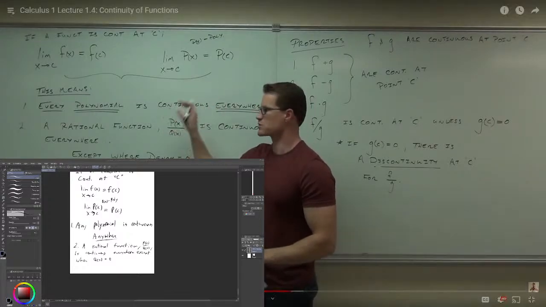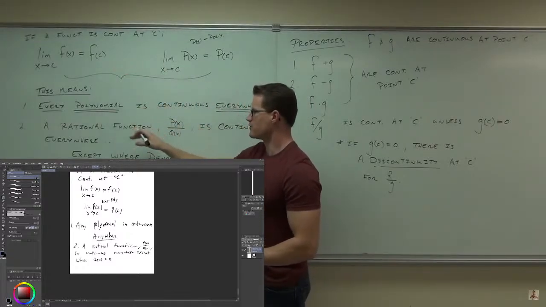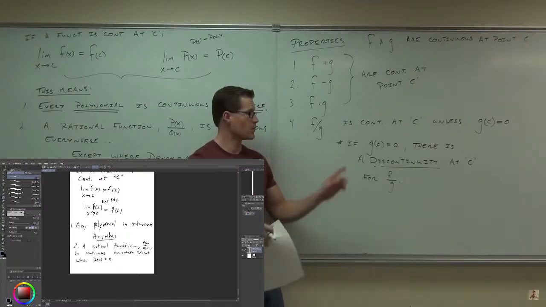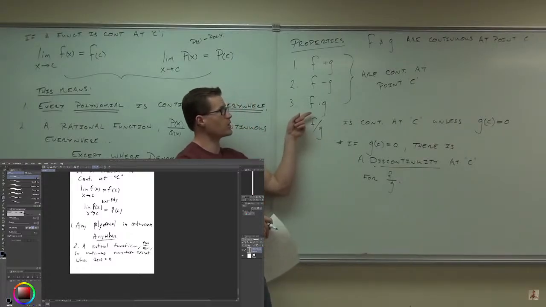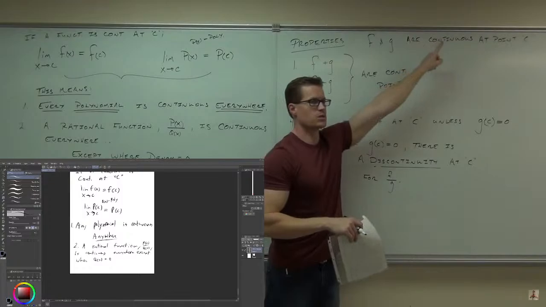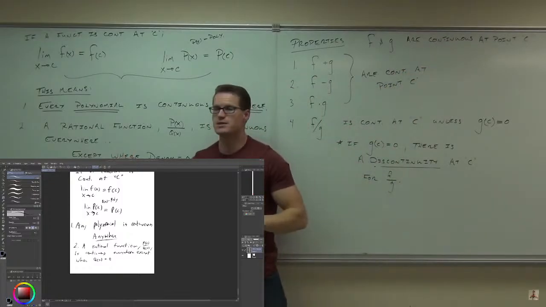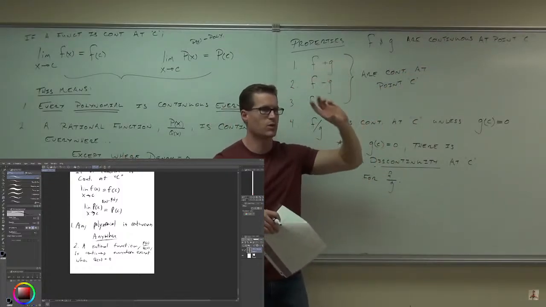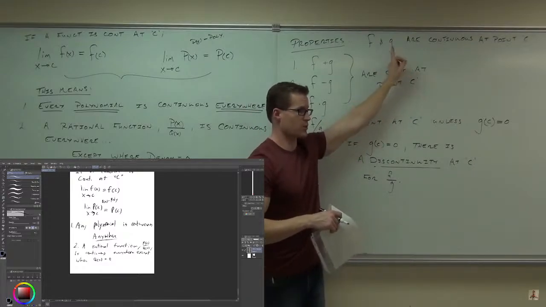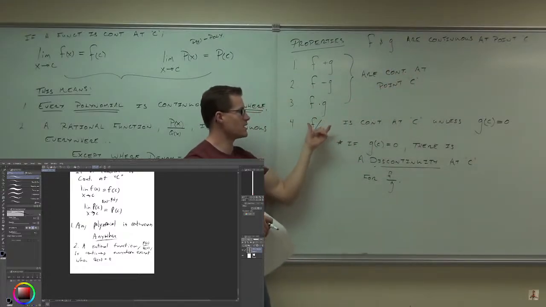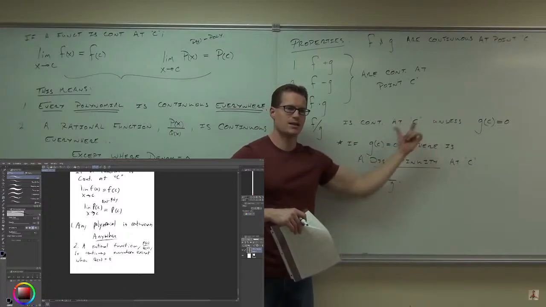Polynomials, always continuous. We just proved it with our limit. Rational functions, always continuous, except where this happens, because we know that we can take two continuous functions. If it's rational, that means they're both continuous because it's a polynomial over a polynomial. That satisfies that. They're both continuous everywhere. If you take it, this will also be continuous unless the denominator is 0.